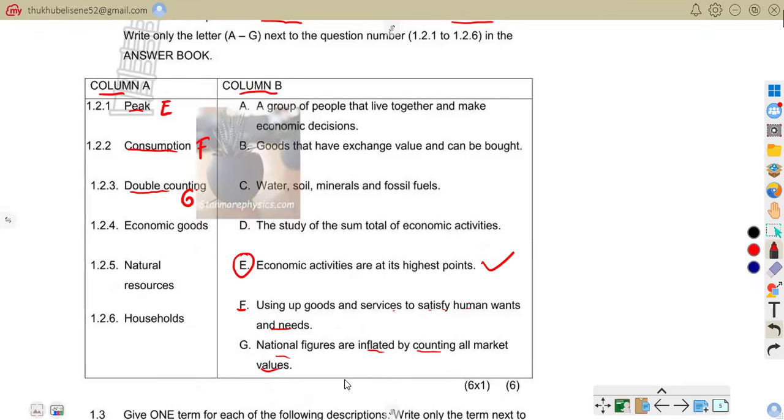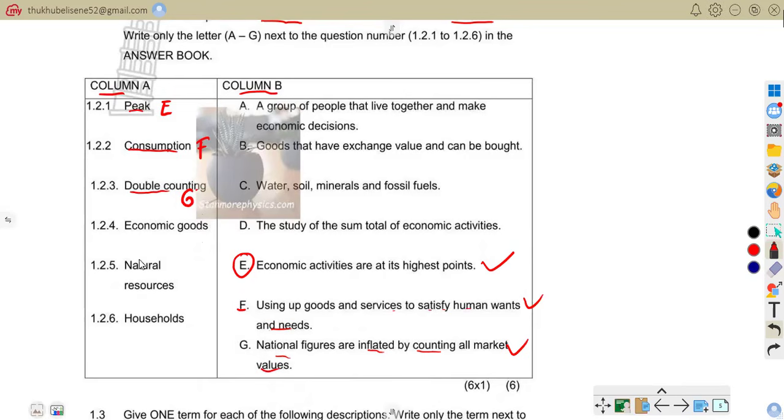For example, counting both the value of flour and the value of bread made from it. So we call it double counting. Hope you're together on that.